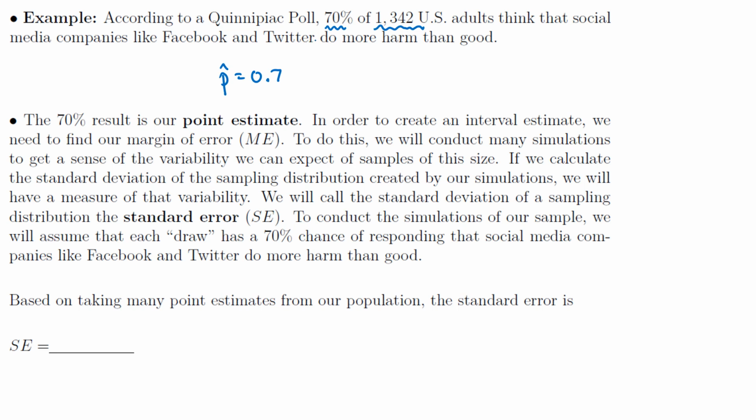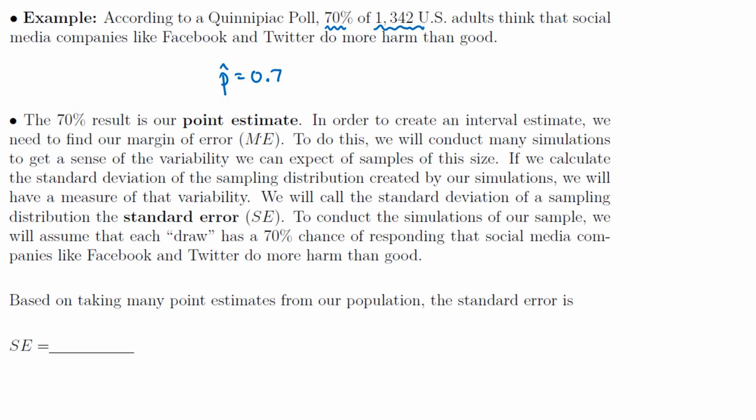Now, we wouldn't necessarily assume that 70% is the true percentage of people that think social media companies do more harm than good. But we also have no reason to think that it's way off either. It's a point estimate. We got it in a sample, so we think it might tell us something about the population.